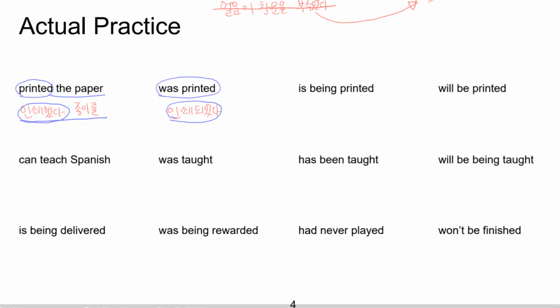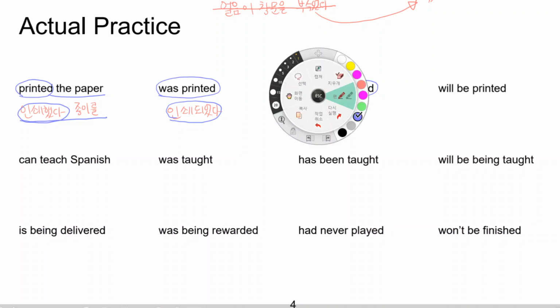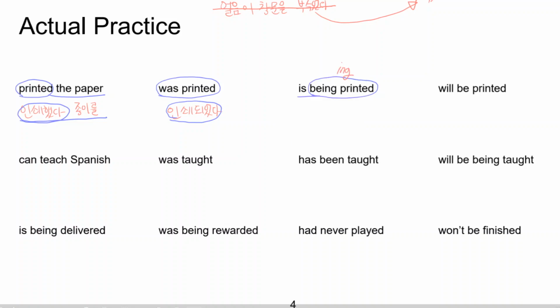Okay, now we have some tricky ones. We have is being printed. So here, do you see BPP? Yes, BPP is here in ing form. Do you see it? Right? But what is this is? Yes, this is a functional verb that's helping make a tense form, right?